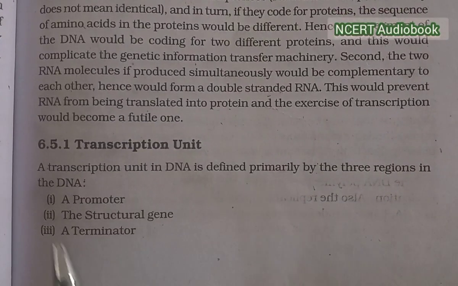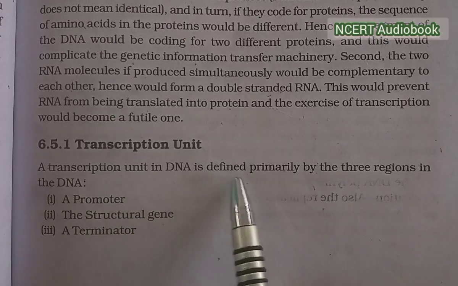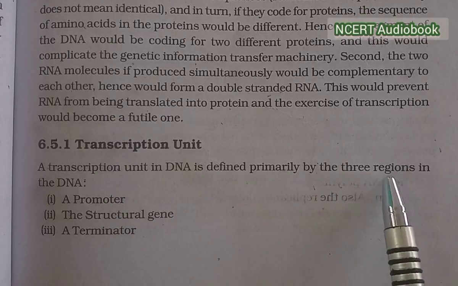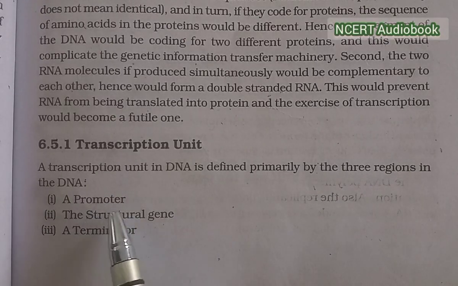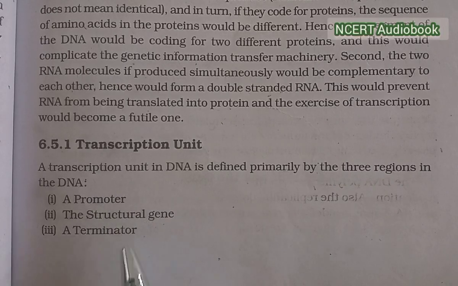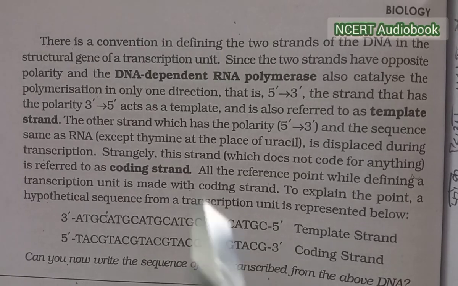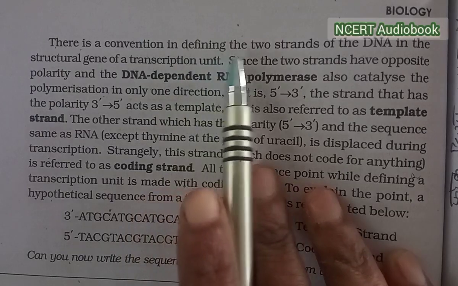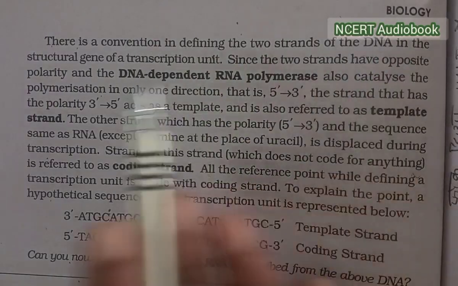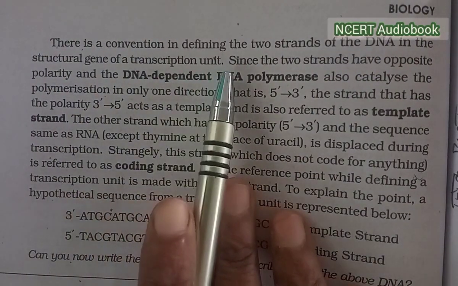Transcription unit. The transcription unit in the DNA is defined primarily by three regions in the DNA: a promoter, a structural gene, and a terminator. There is a convention of defining the two strands of the DNA in the structural gene of a transcription unit.